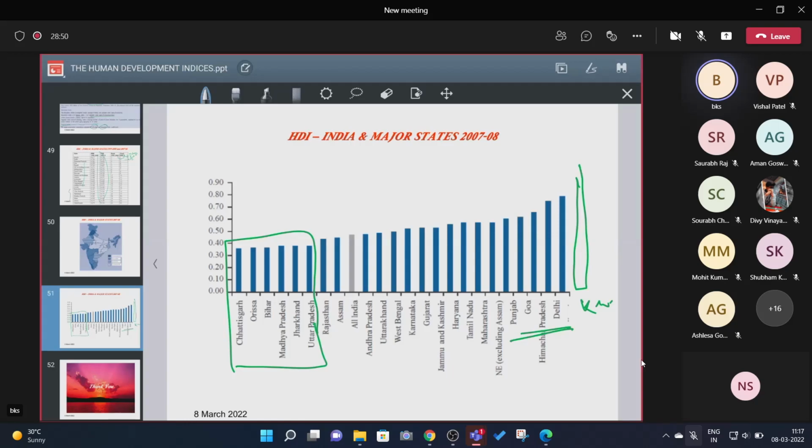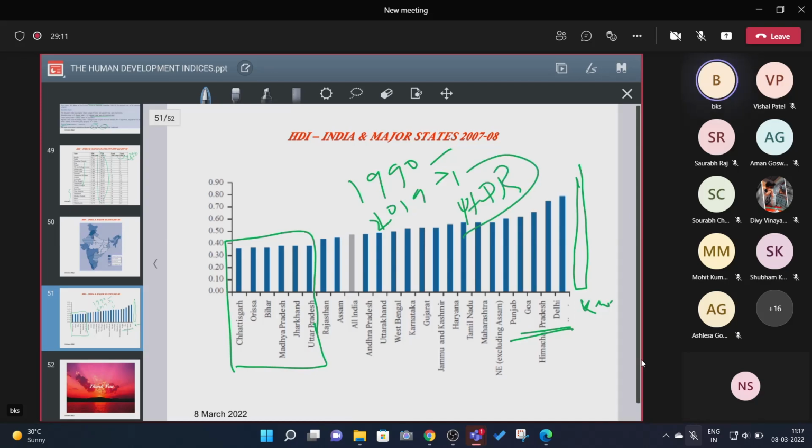I have uploaded this PPT along with the 1990 Human Development Report and the 2019 Technical Appendix. But I have deliberately not uploaded the latest HDR report.